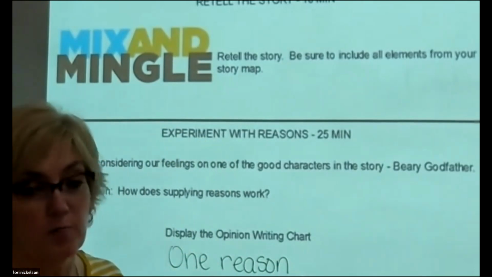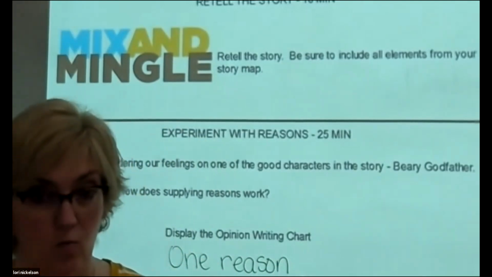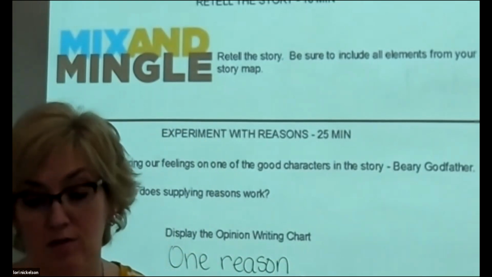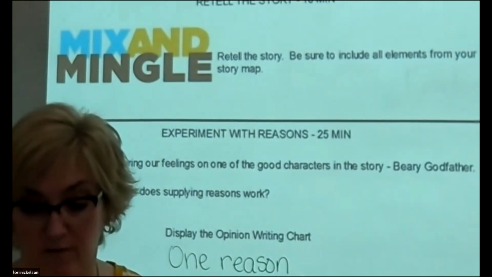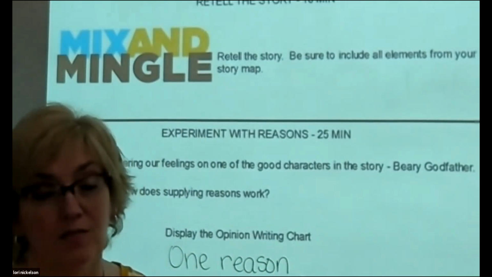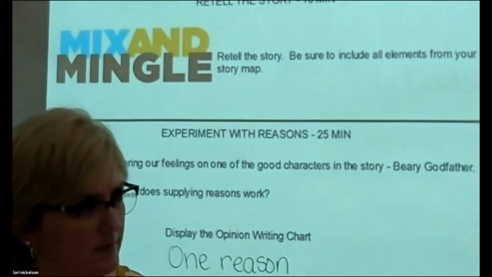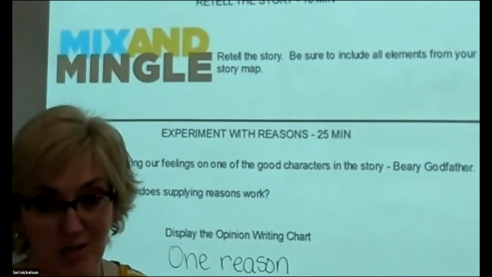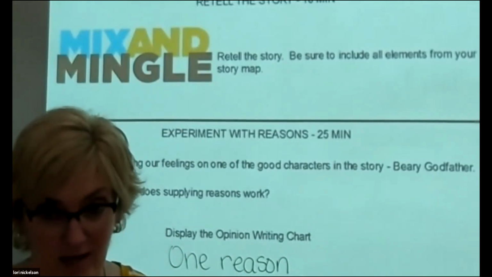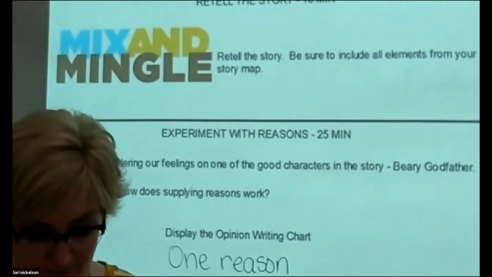Now that's where you can put, I think the Barry godfather is what? Or I feel the Barry godfather is, or I like the Barry godfather, or in my opinion, the Barry godfather. Father, I can't talk for nothing. I'm struggling today, friends. So that's going to go in your journal. All right. So you're only talking about the Barry Godfather.